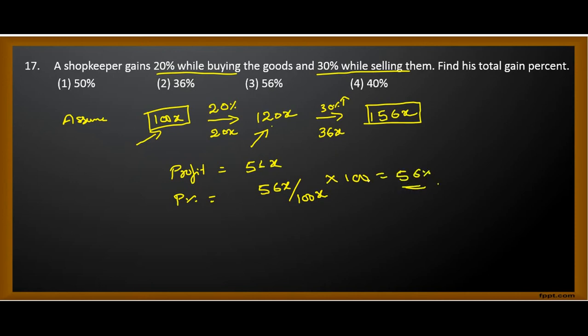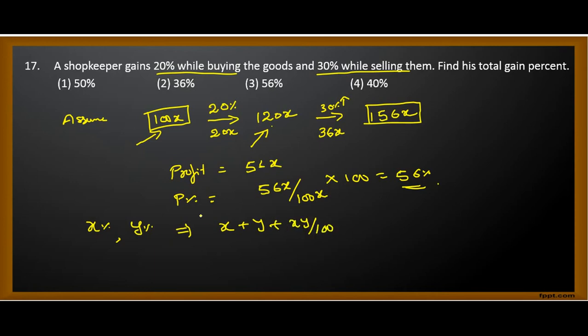So this is one method of doing it. If you apply the concept, whenever there are two successive percentage changes, the first change is x percent and the second change is y percent, the overall percentage change will be x plus y plus xy by 100.